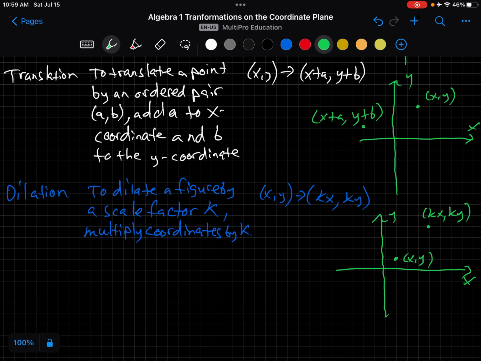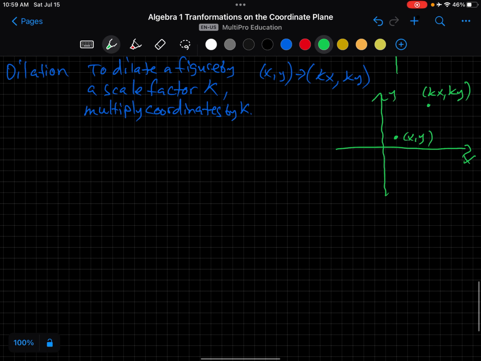So in this case, K would be bigger than 1 because it's getting farther from the origin. If it's getting closer to the origin, then K would be between 0 and 1. And if K was 0, then we would be on the origin. Alright, let's look at another one.